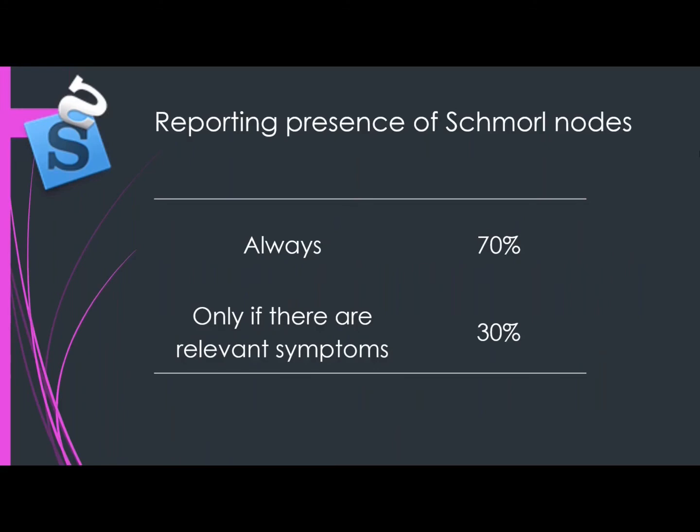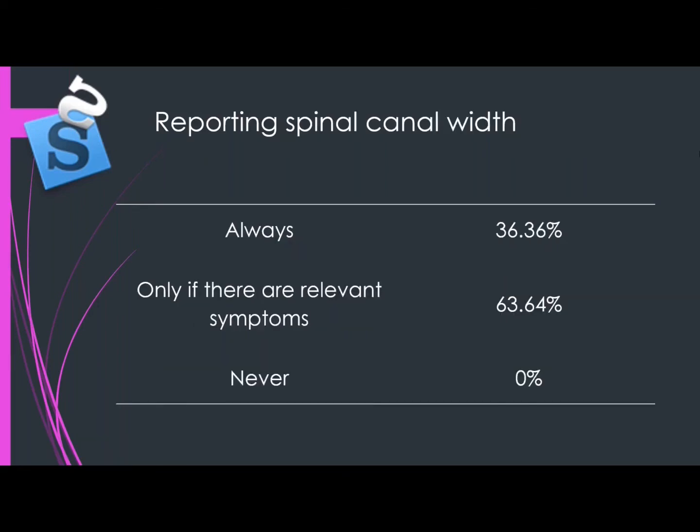The presence of Schmorl nodes is favored to be reported by a majority, but not an overwhelming majority of respondents, and they could potentially be significant in the long run, while not always clinically relevant at the time of imaging.